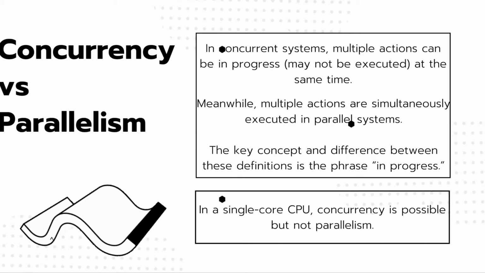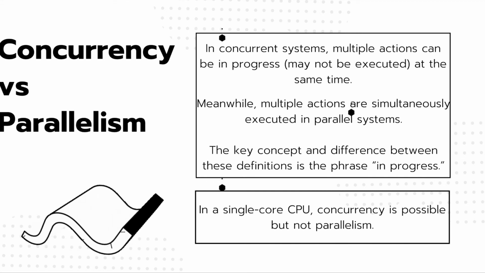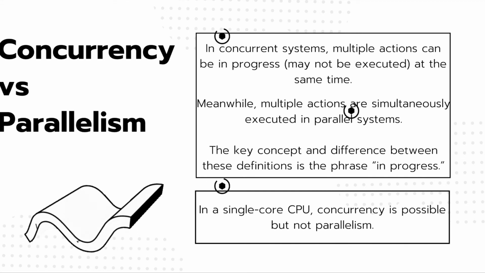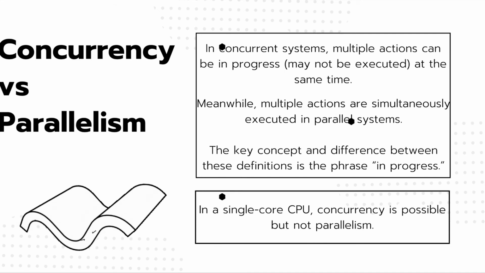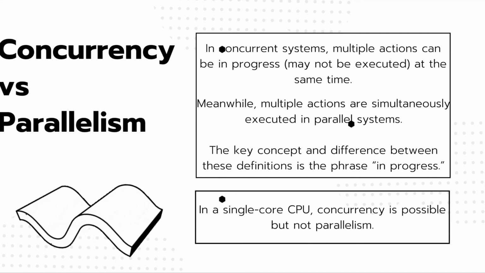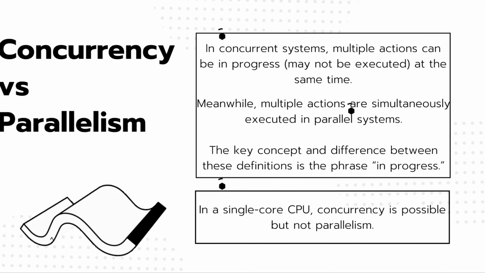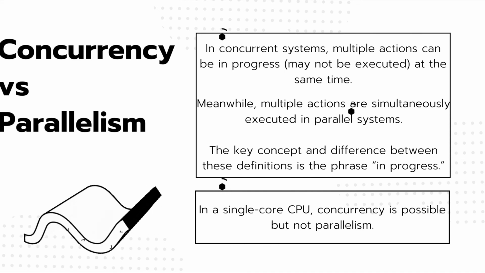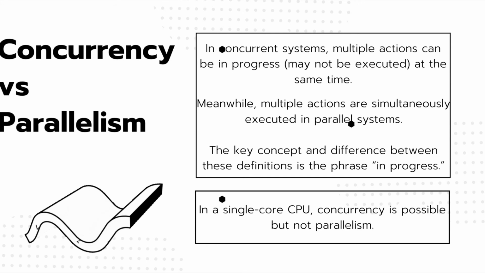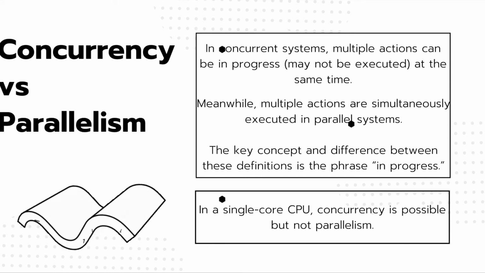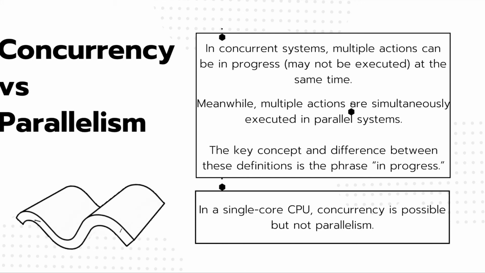So, one good quick overview or takeaway from this video would be, in concurrent systems, multiple actions can be in progress at the same time. They need not be executed, but they have to be in progress at the same time for a system to be concurrent, while a parallel system has more to do with doing.